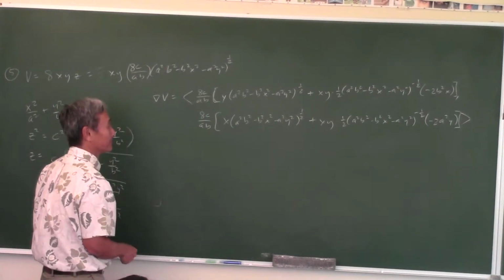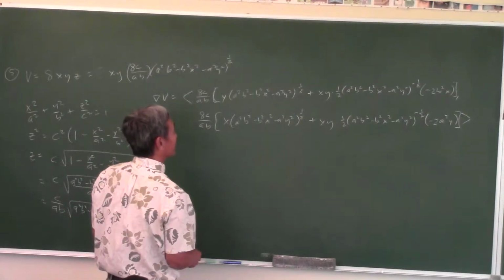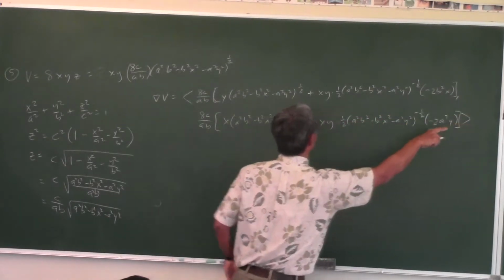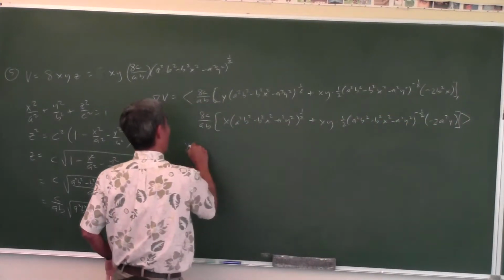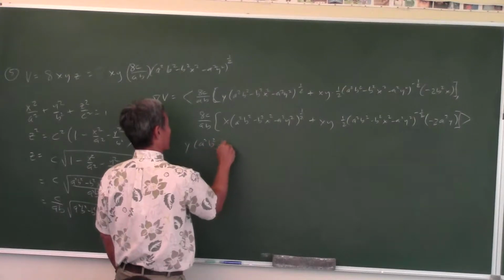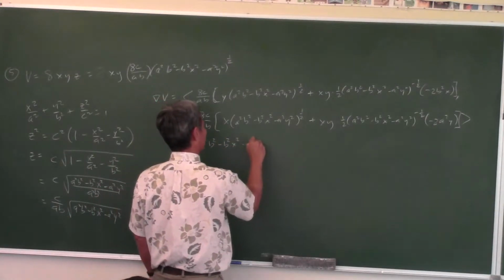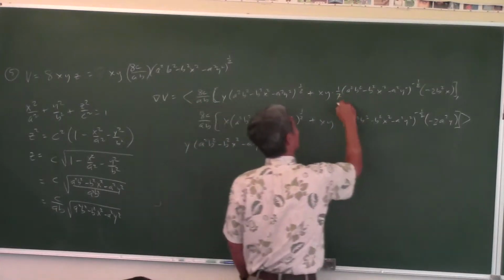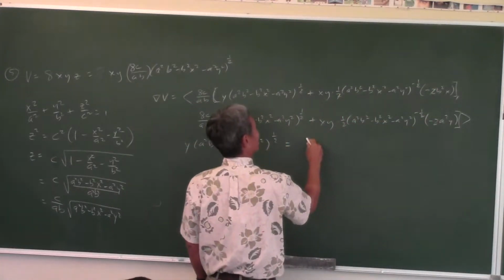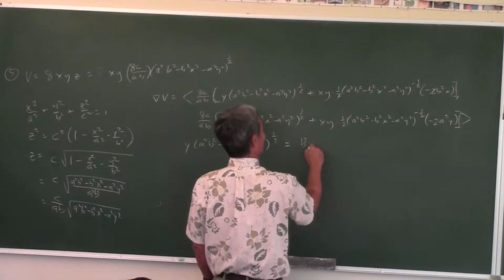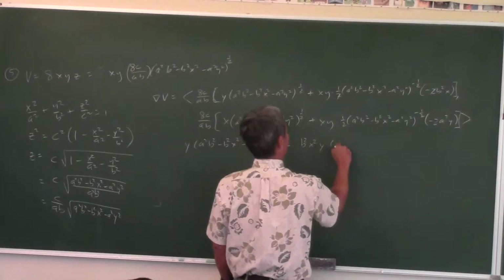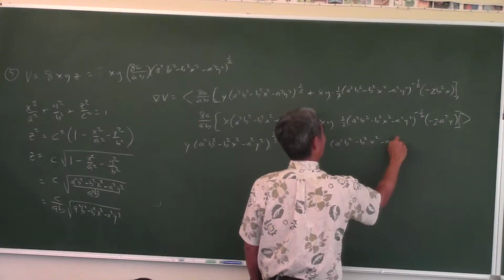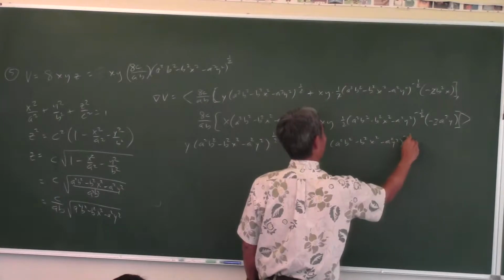Since this is negative and you can set it equal to 0, therefore y times a squared b squared minus b squared x squared minus a squared y squared to the half has to equal, the 2's cancel out, b squared x squared y times a squared b squared minus b squared x squared minus a squared y squared to the negative half, right?